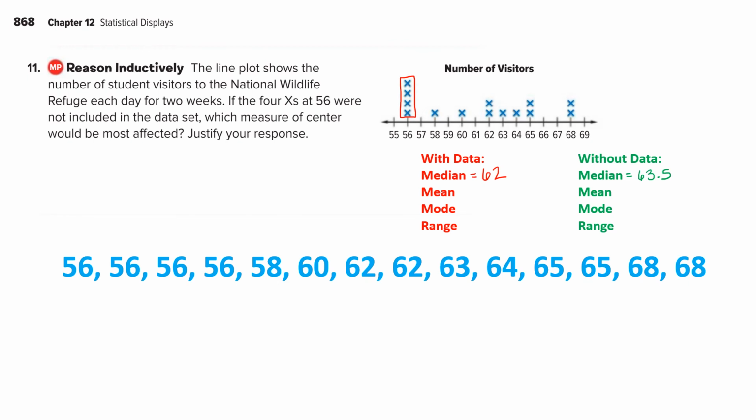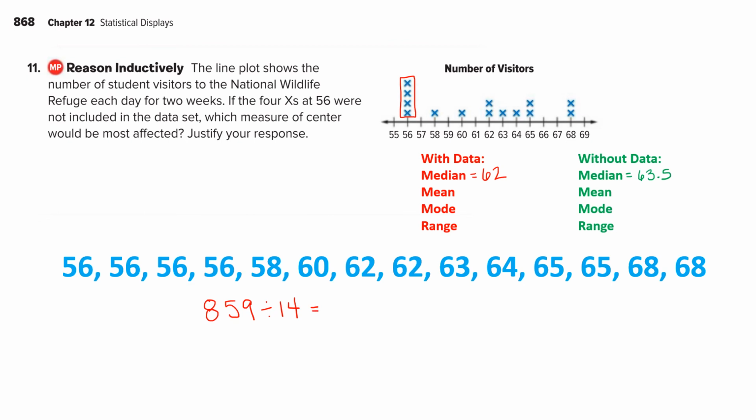Now it's time for us to calculate the mean. We're going to add up all of the values and get a sum. When you do this, you should get 859. Now you need to count how many data points we have. There are 14.